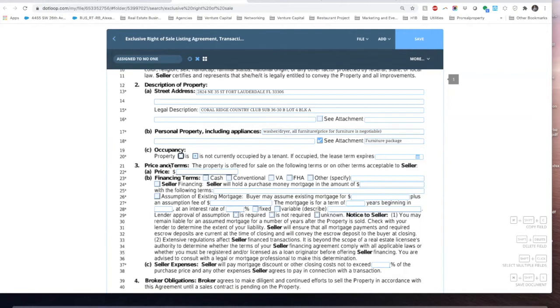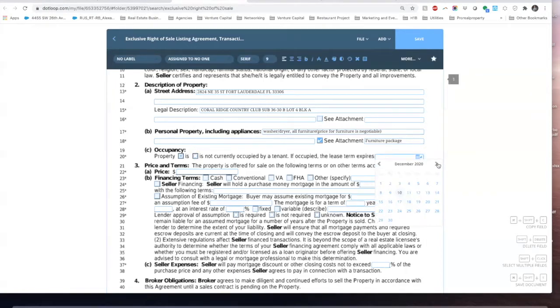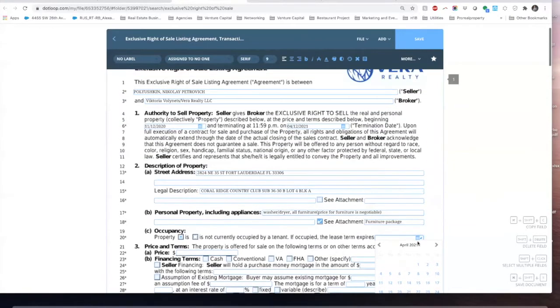If it is occupied, this is a very important part, because you will be limited with some clients, since some clients are looking for themselves and would like to move in quickly. But if tenants have an agreement in place, for example, which expires on April 1st, you will be limited. This is a very important part.